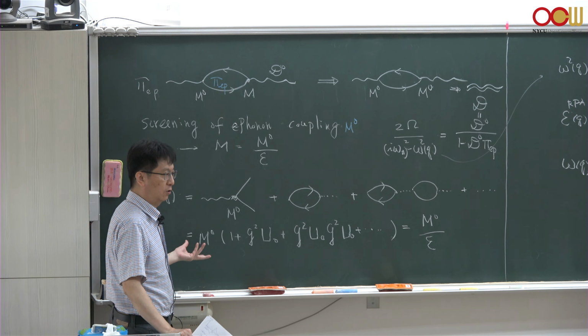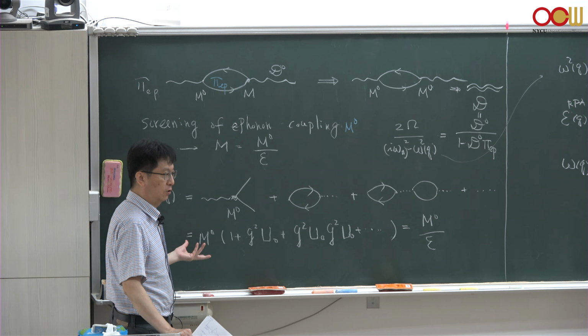So you could insert one bubble which connects to this bare phonon propagator. These two are the electron propagators. If you consider the stuff just in between these two electron propagators on the right and this bare phonon propagator on the left, that stuff in between is nothing but this Coulomb screening bubble, right?